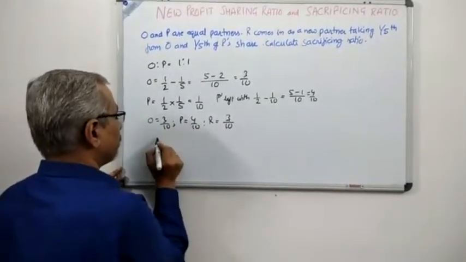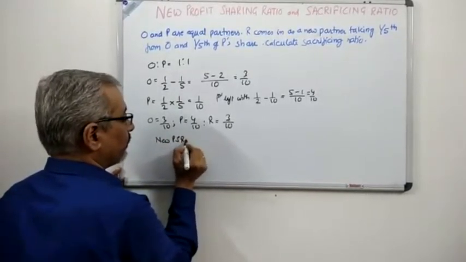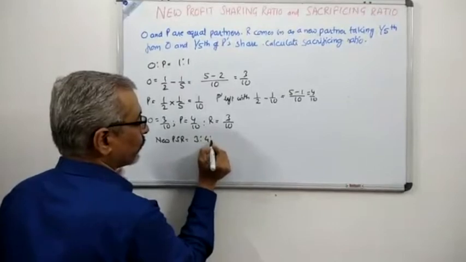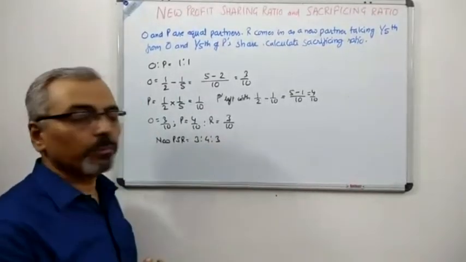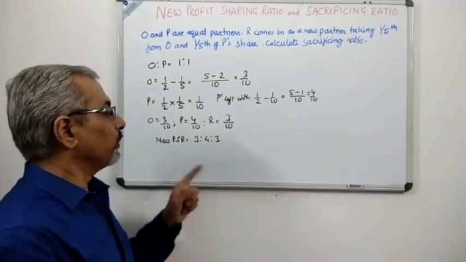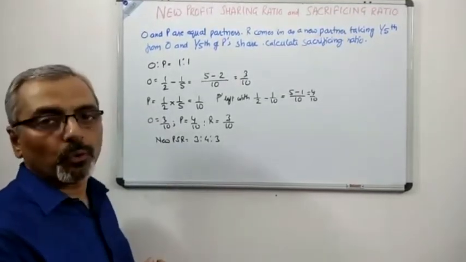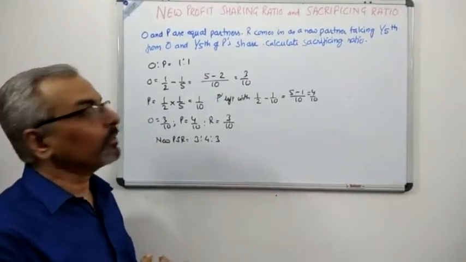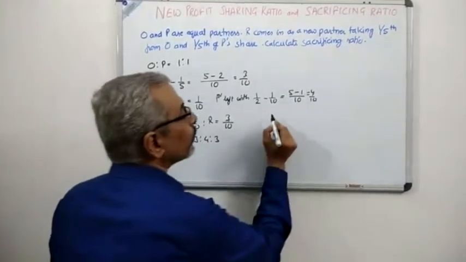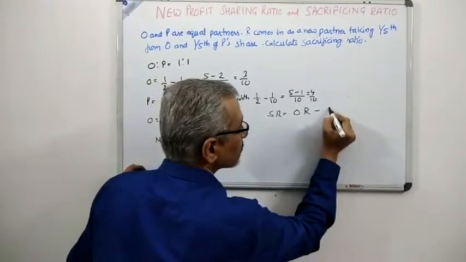So we can come to this conclusion: the new profit sharing ratio will be 3:4:3. Now once we have got the new profit sharing ratio, and once we have the old ratio with us, we will calculate the sacrificing ratio, and we know the formula. Sacrificing ratio is old ratio minus new ratio.